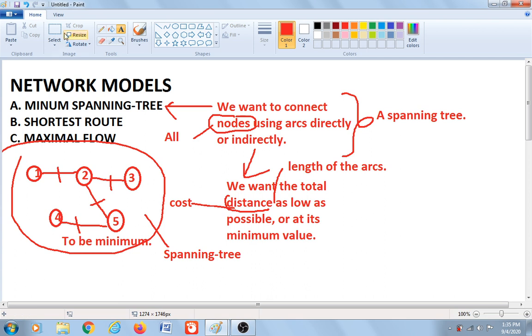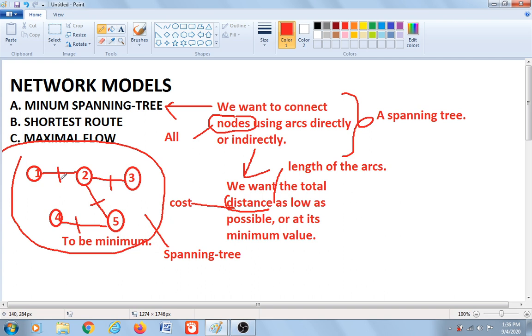So in this example, let's assume that we have 5 cities and we want to connect the 5 cities directly or indirectly by using highways, and we want the total distance of the highways to be minimum. In order to determine the connection between the cities, we can see this problem as a minimum spanning tree problem. This is the concept of the minimum spanning tree problem.